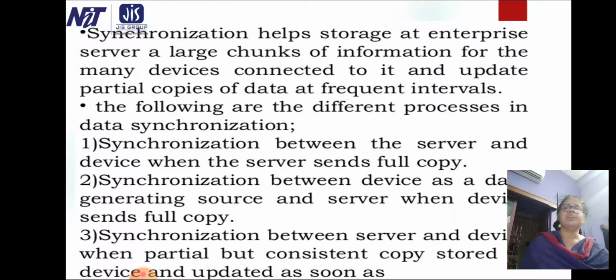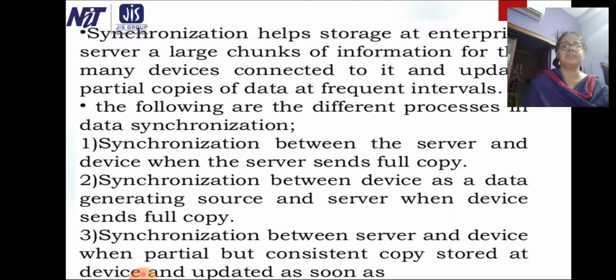Synchronization helps store, at the enterprise server, large chunks of information for the many devices connected to it, and update partial copies of data at frequent intervals. The following are different processes in data synchronization. Synchronization between the server and device when the server sends a full copy.